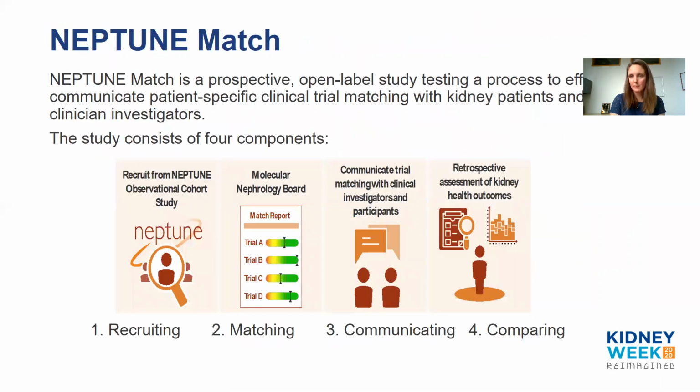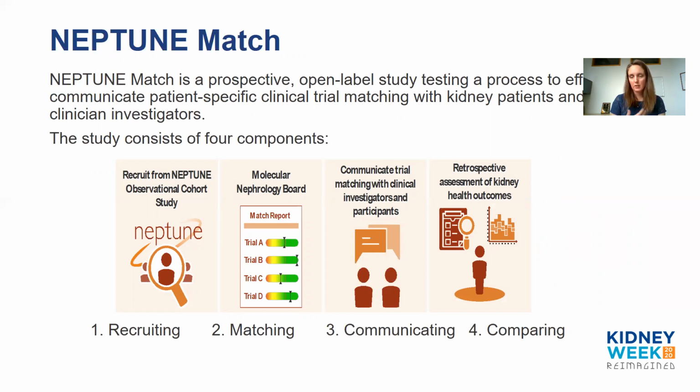And so actually the Neptune study in its current phase has a component called Neptune Match. And the idea with Match is that it's testing a process to see whether we can actually communicate this type of information to patients and their providers. And so what happens in Match is that patients are recruited into the observational cohort study.